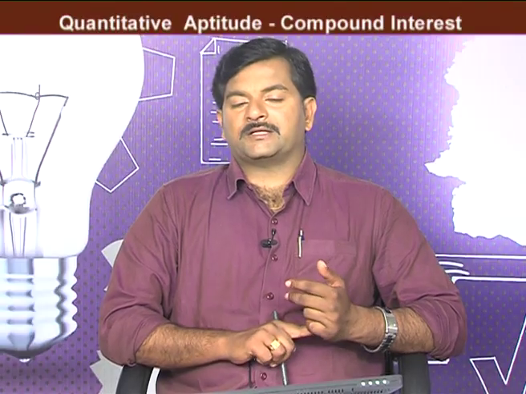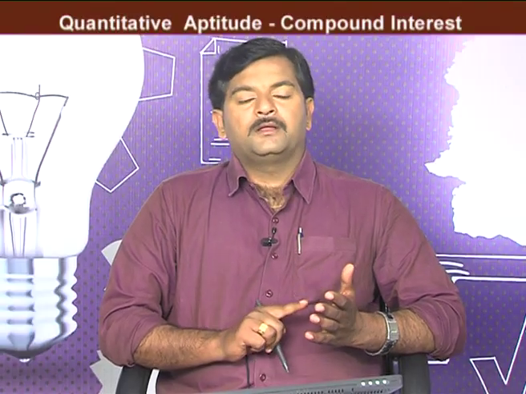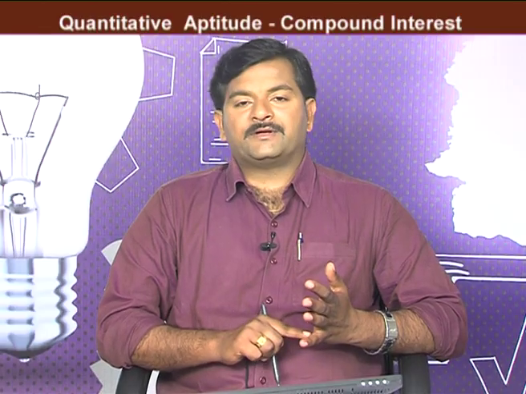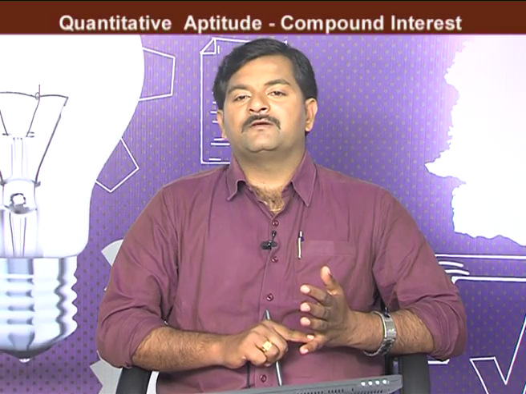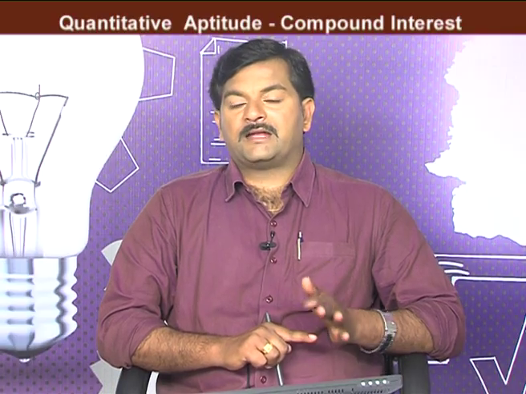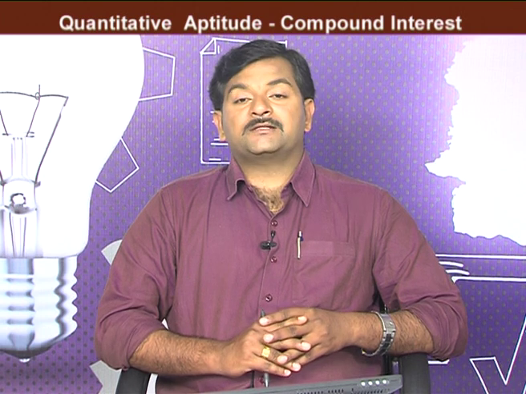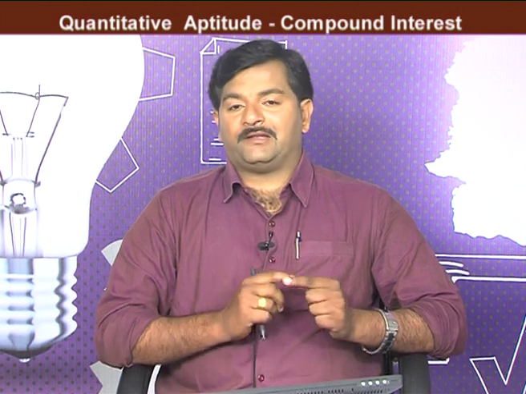I hope you understood. Only remember, I repeat this once again. In compound interest, 2 points you need to keep in mind. Point number 1: rate of interest must be in percentage, that is, it must be for every 100 rupees and for only 1 year. And secondly, in compound interest, interest need not be compounded annually.